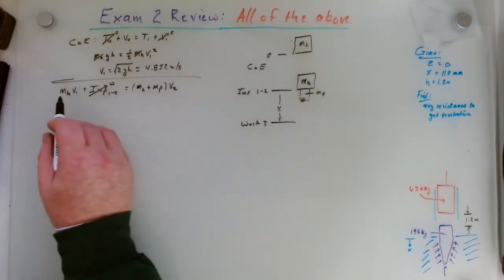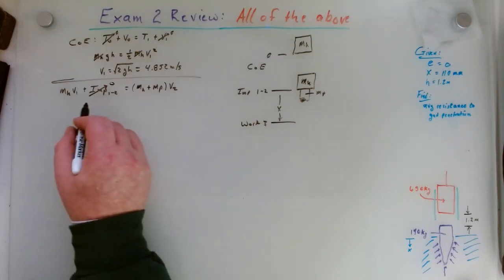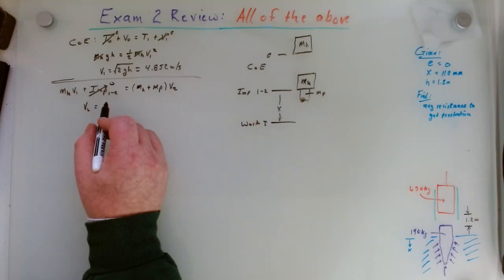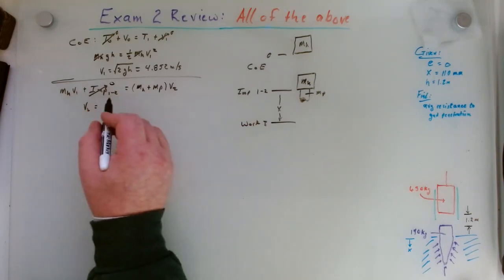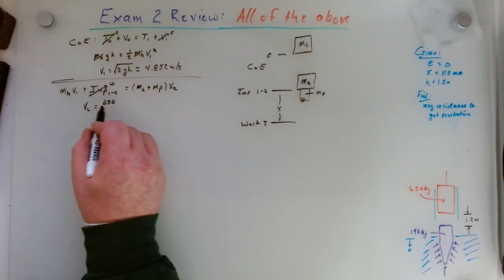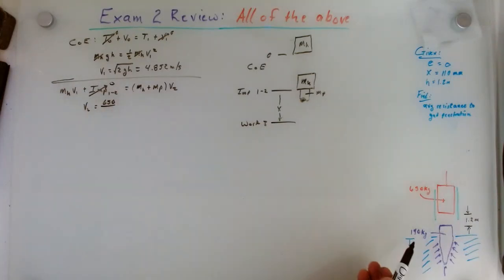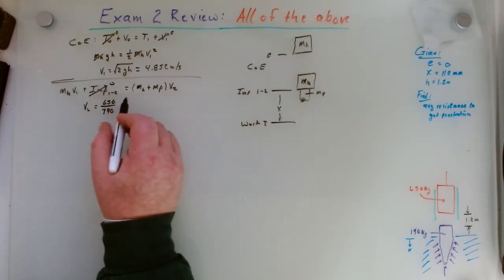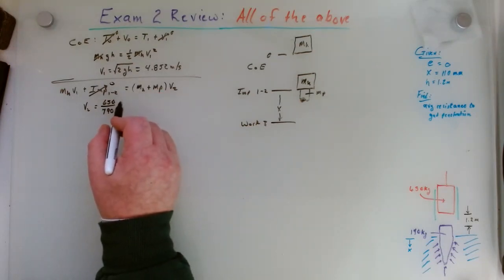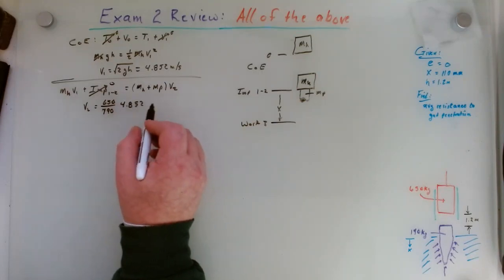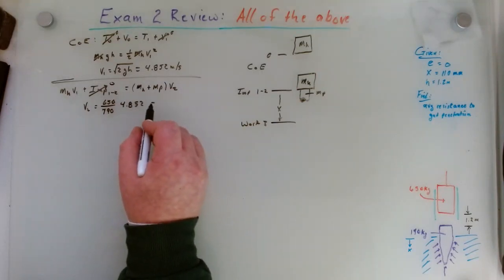And v2 is just a scaling of v1, right? So v2 is, what is this? This is 650 over, and 650 plus 140 is 790. 790 times this, so times 4.852, and what does that equal?